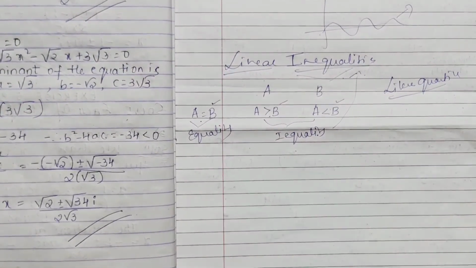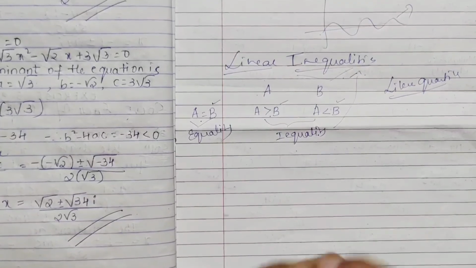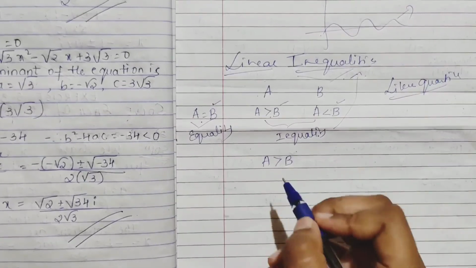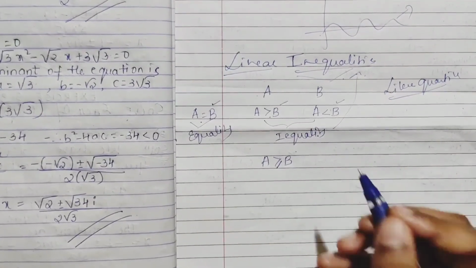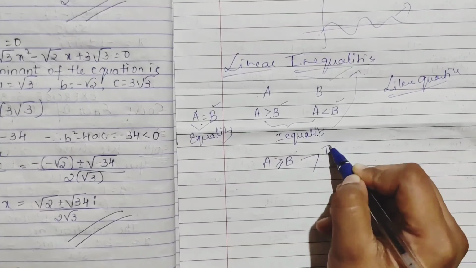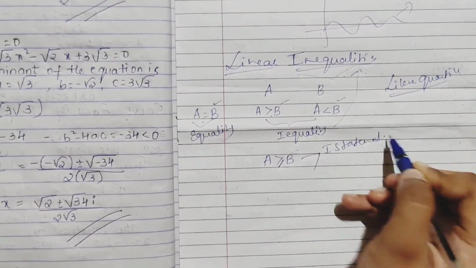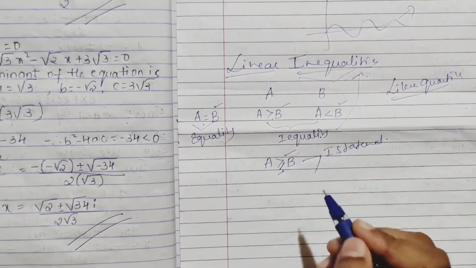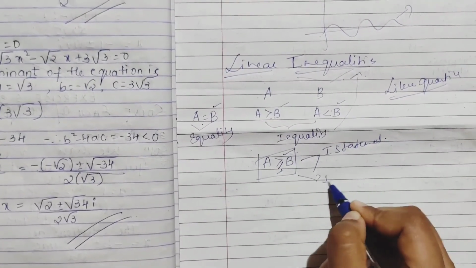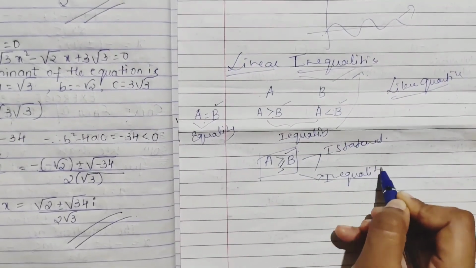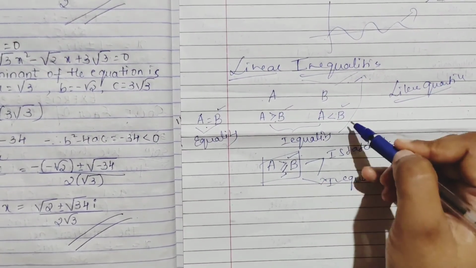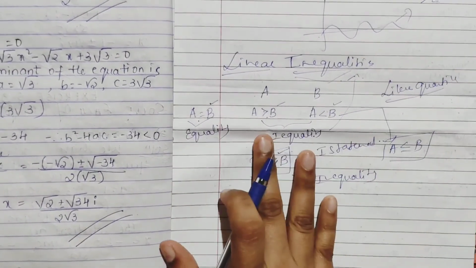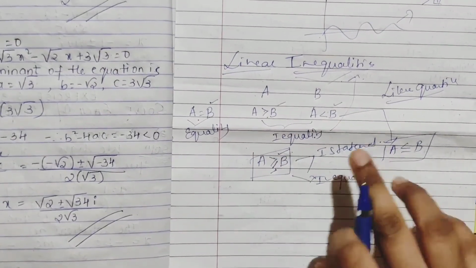Sometimes you have a case where A is greater than B, and that time sometimes it will be equal also. Here you are having two statements. It is actually one statement only, but one is greater than and one is equal to. This is also called inequality, also a linear inequality. If greater than or equal to holds for A, then less than or equal to B also holds, and occasionally it becomes equal also.